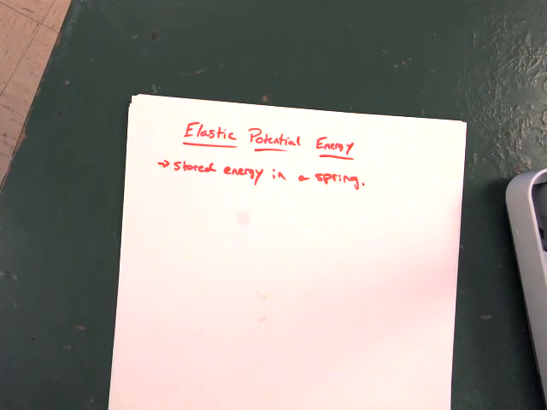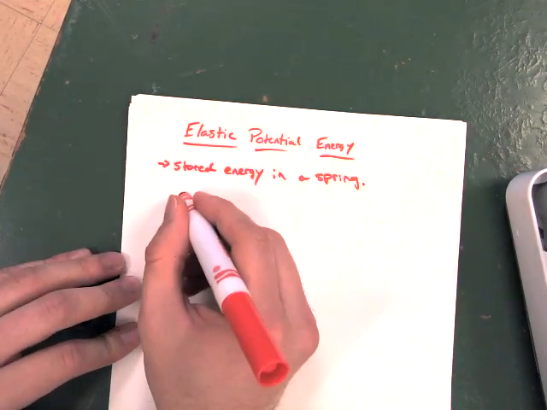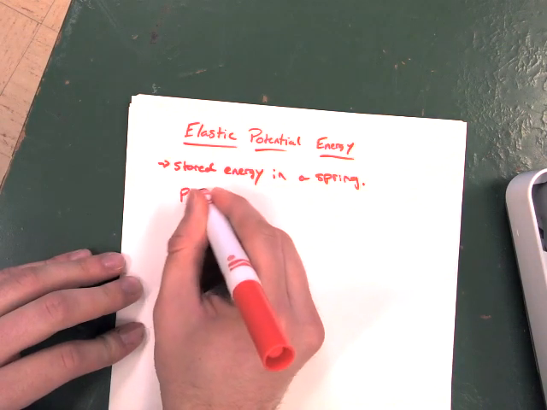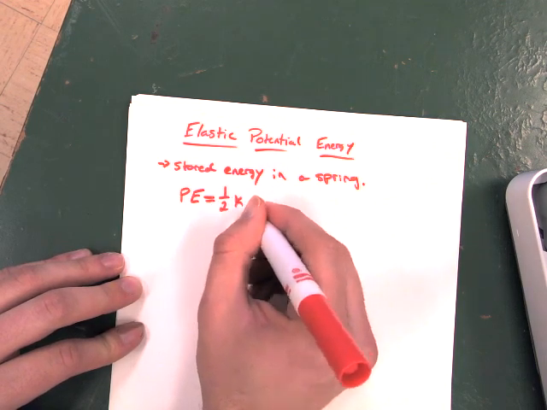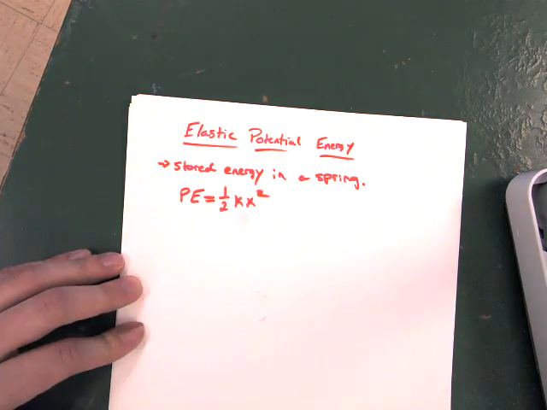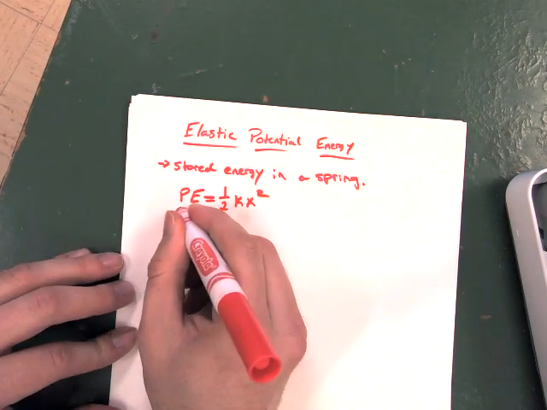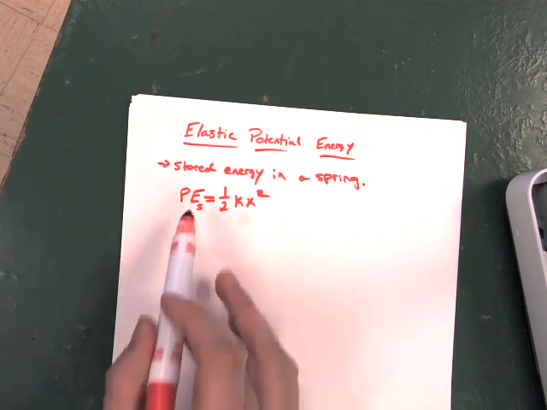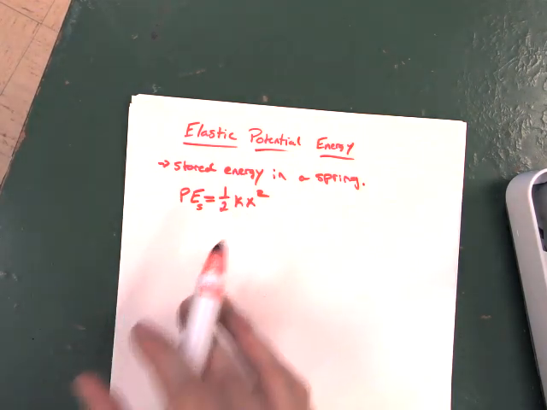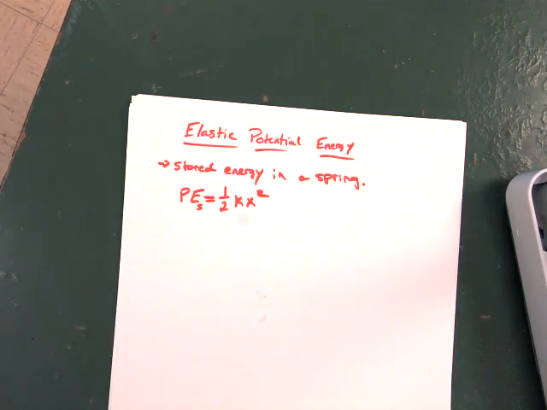So how much of that stored energy is in a spring? We're not dealing with objects, we're dealing with springs. Our very important equation for elastic potential energy is PE equals 1/2 kx squared, and we put a little sub s there for spring. So the potential energy in a spring is 1/2 kx squared.